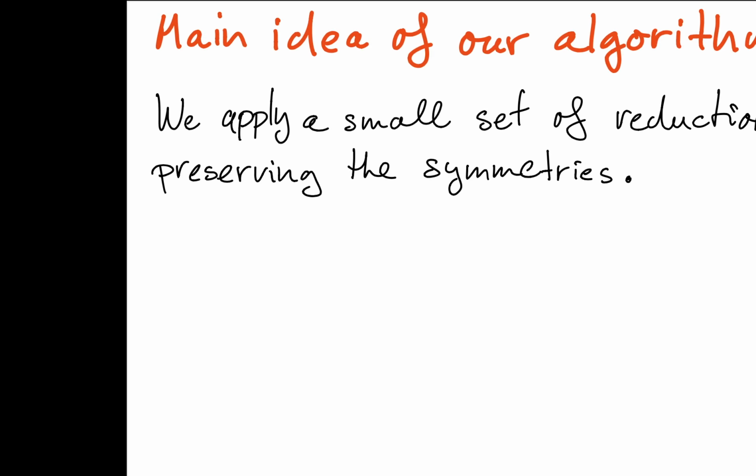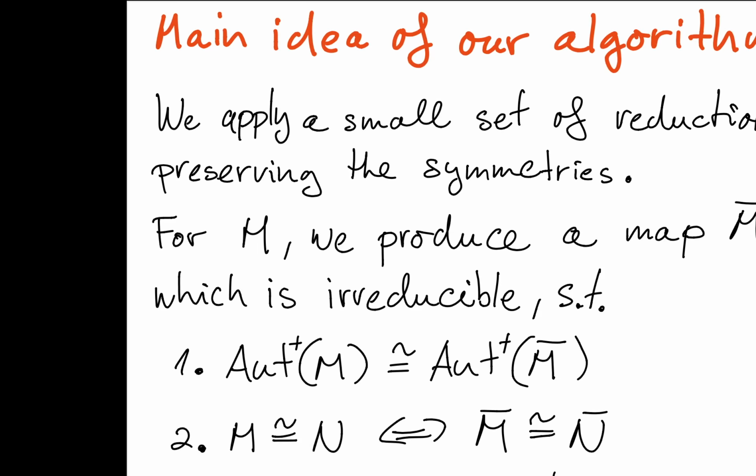So I would like to speak now about our algorithm. The idea is to apply a small set of reductions, preserving the symmetries. These reductions will be local, and we want to preserve the global symmetry of the map.